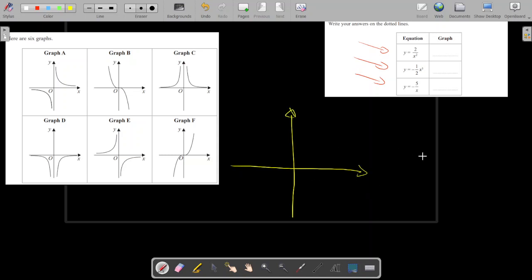The reciprocal function is any function that can be represented in terms of x, in this general form from our study: a over x, where a is an integer or constant.